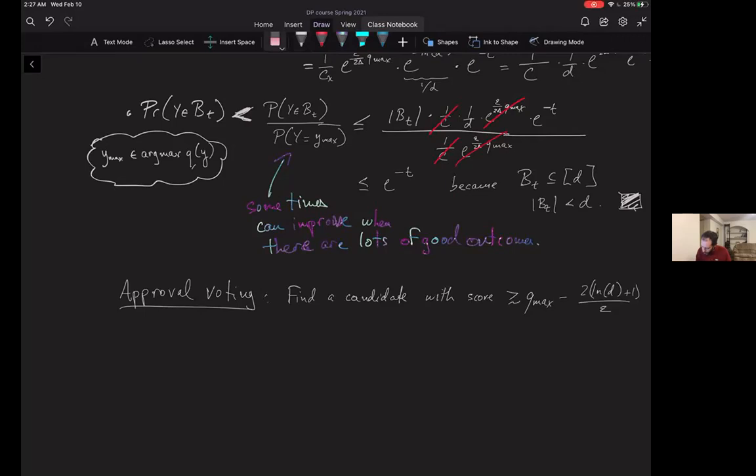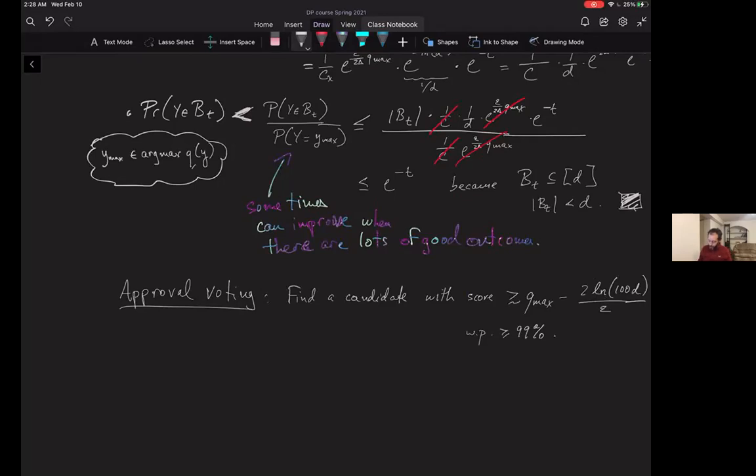One concrete thing we could say is that with probability at least 99%, we get an outcome with score q max minus (2 log d plus log of 100) over epsilon, so that's log of 100d over epsilon. That's a reasonably clean bound on just how bad things can get, because logarithms don't increase very quickly.